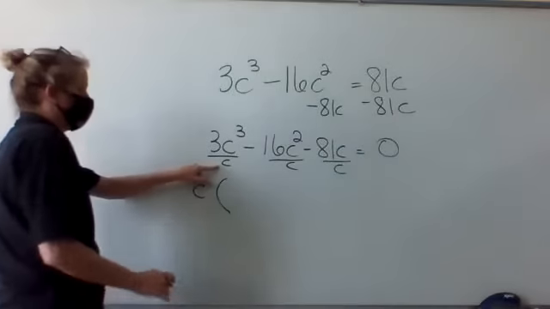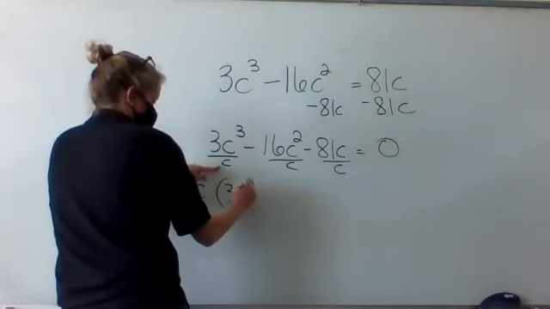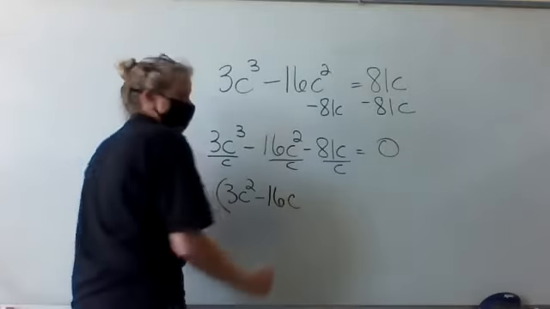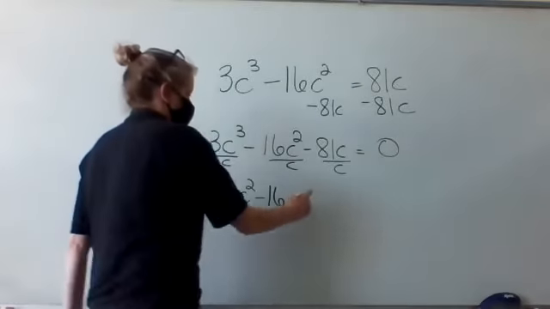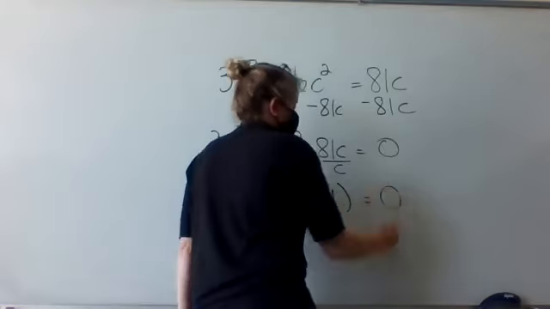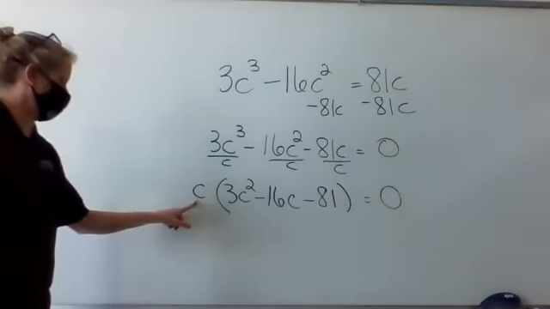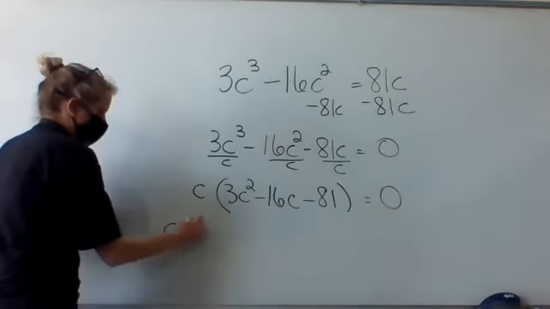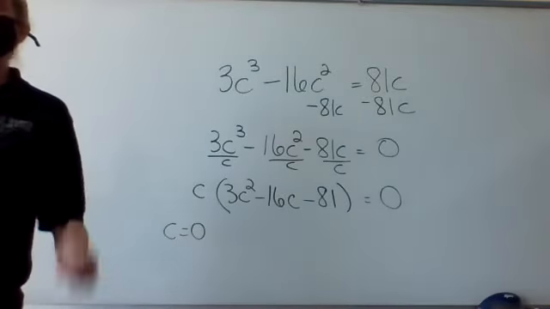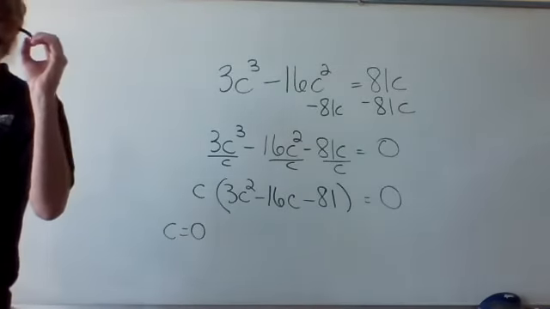So this one's going to turn into what? C squared. 3c squared minus 16c minus 81. So here's one of my factors. Set that equal to 0. Solve it for c. It's already solved. So one of your answers is going to be 0.